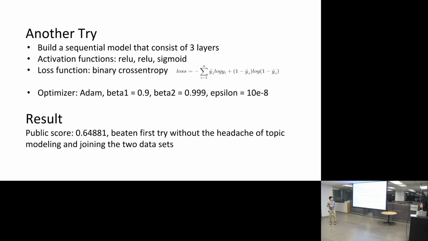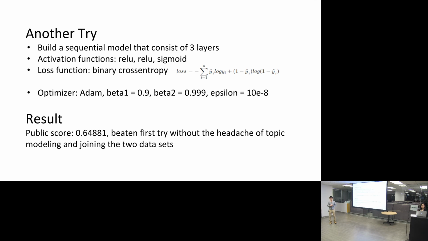And for the optimizer, we use Adam, with some parameters that are suggested by a lot of people. After we made a submission using this model along with only the market data set, we did actually get a score a little bit higher than the previous one, without all the headache of merging the two data sets and trying to figure out how to deal with the missing values after the joining.